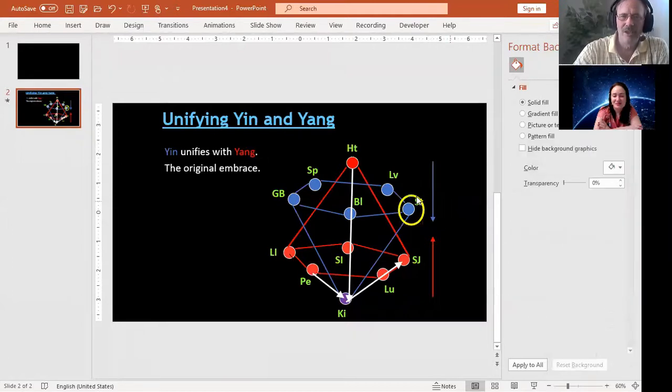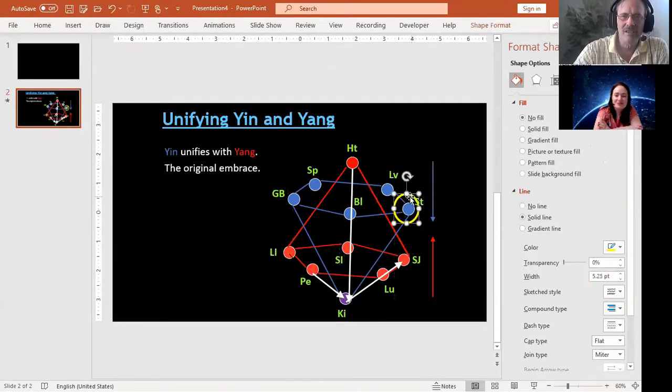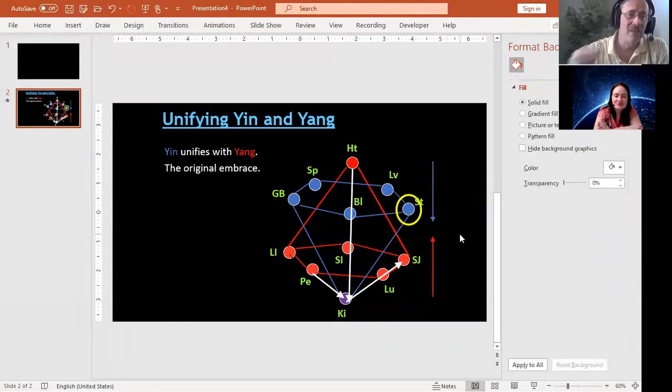Okay, so here we put a circle around the stomach. Let's say you have symptoms like a stomach ache, and you say, okay, there are certain points you're going to use. And you use those points every time for a stomach ache because the stomach meridian seems to have a problem.